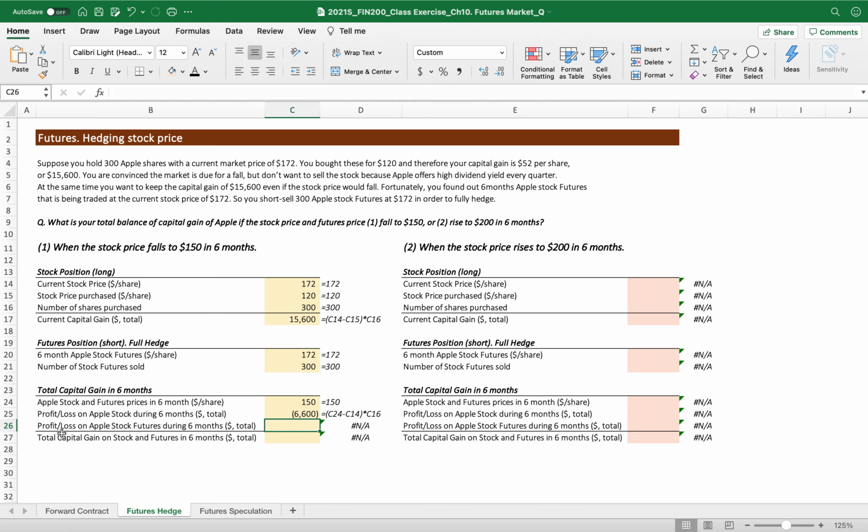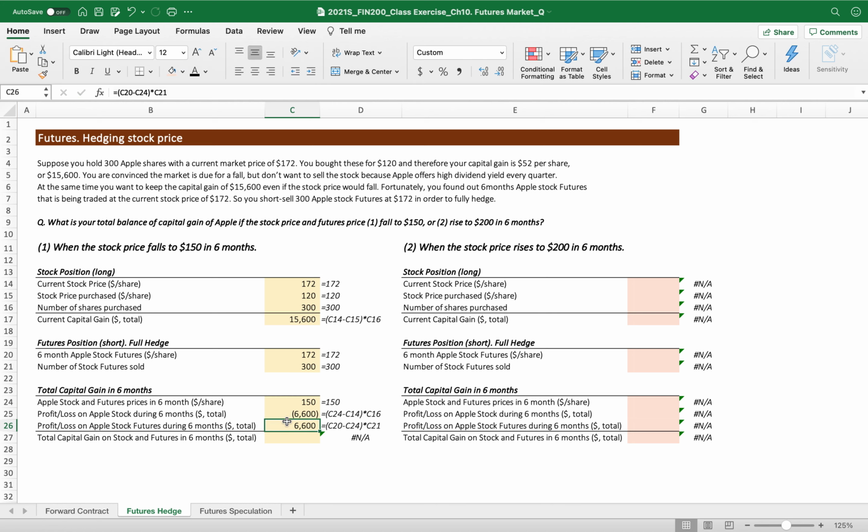Now the profit or loss on Apple stock futures during 6 months in total amount. Here in the short sell, 172 minus 150 times 300. Why?